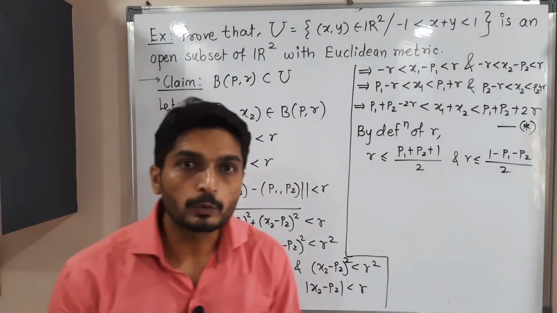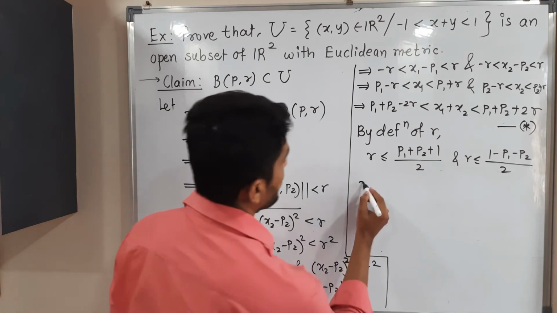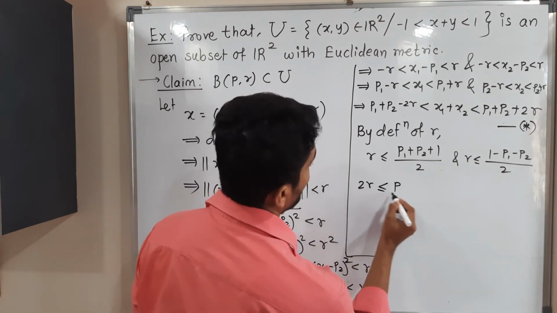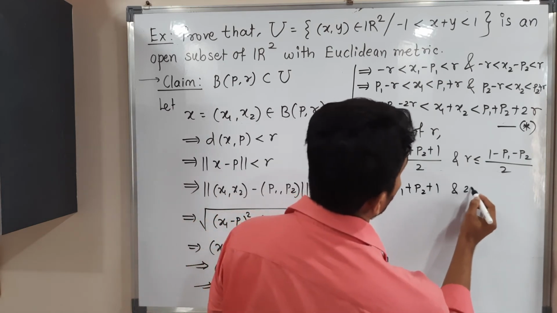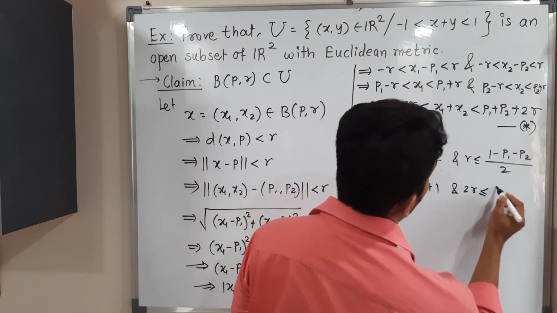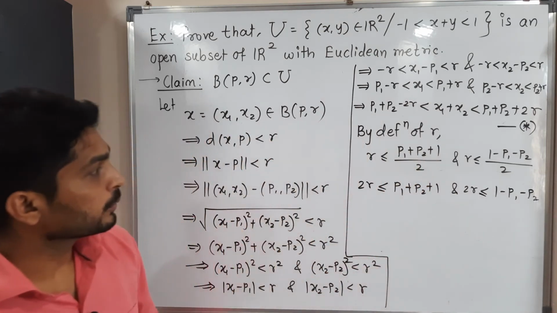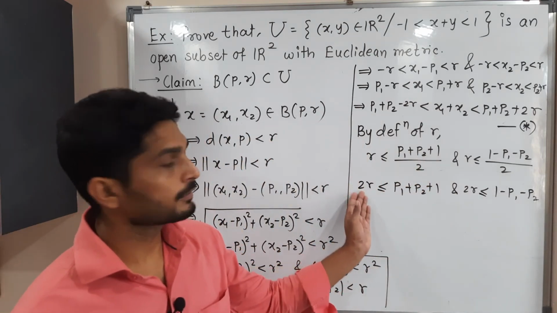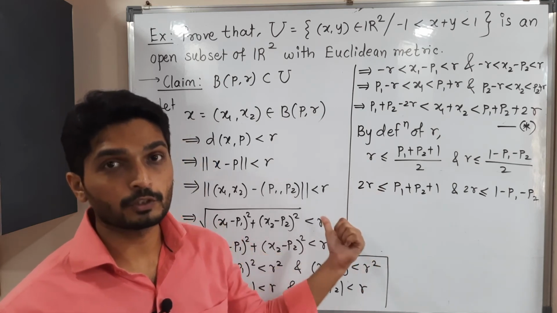See what I am going to do? I am going to multiply both sides by 2. So 2R less than or equal to P1 plus P2 plus 1, and 2R less than or equal to 1 minus P1 minus P2. I will shift 2R to that side and shift 1 to this side.